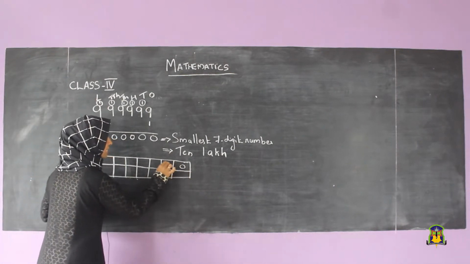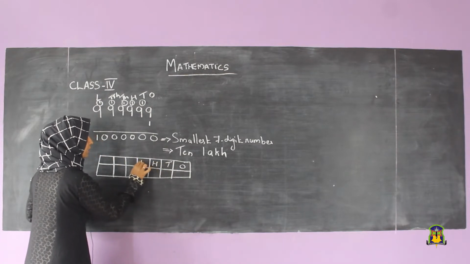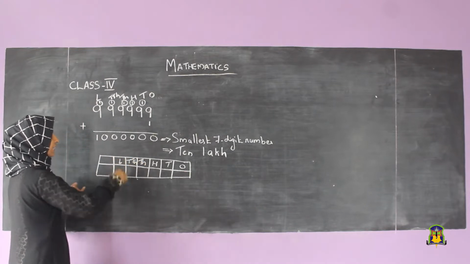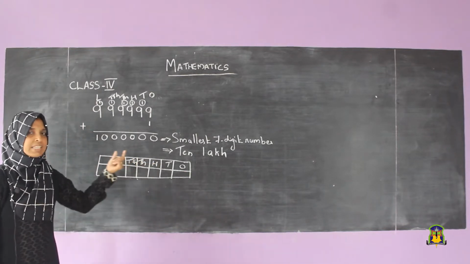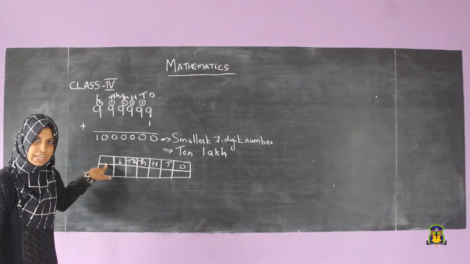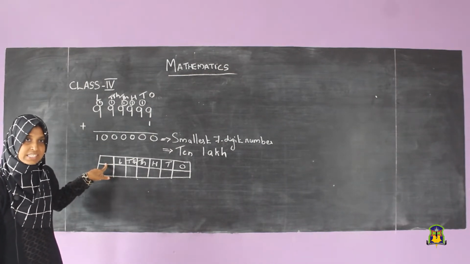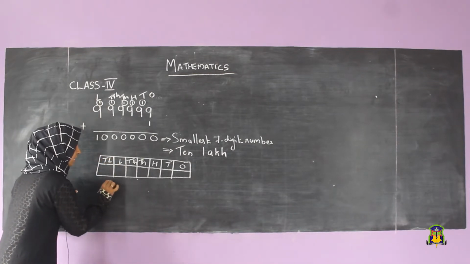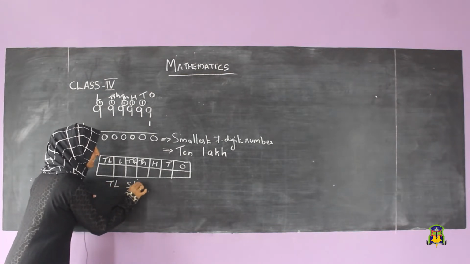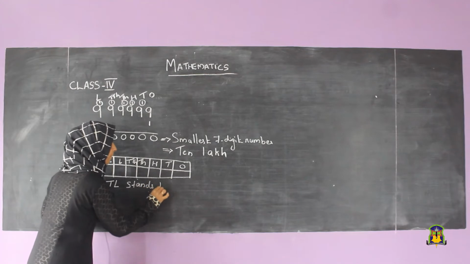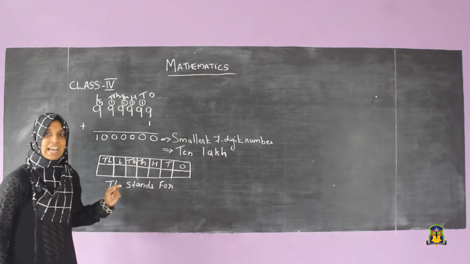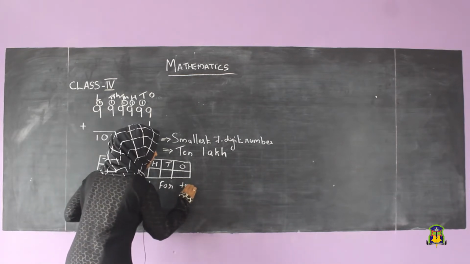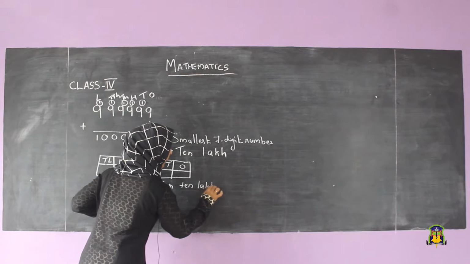First, ones, tens, 100, 1,000, 10,000, lakh, and from the right, the 7th new place we can denote as TL, and children, this TL stands for 10 lakh place.